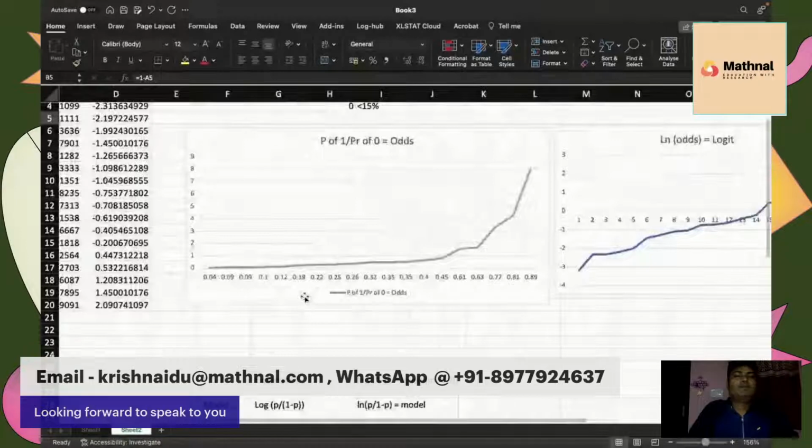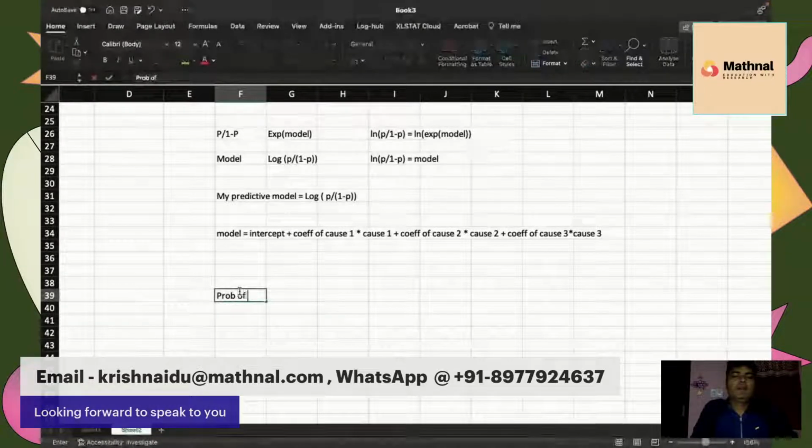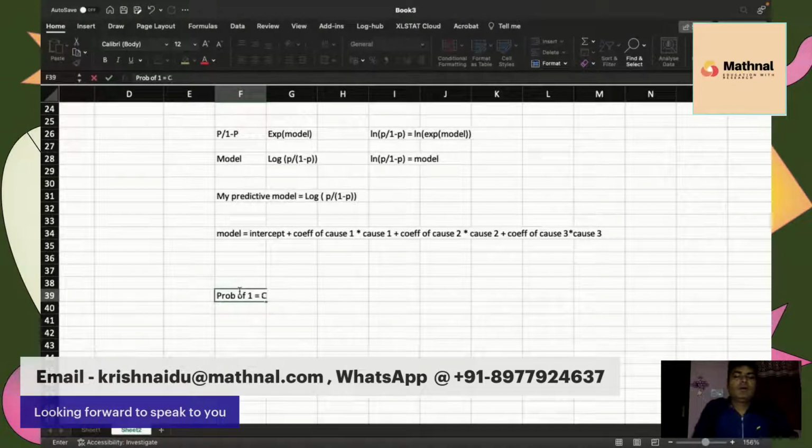So let's build a model now. First of all, I think I have not helped you to define what probability is. Probability of 1, for example, is the count of occurrence, how many times we had a cost savings of more than 15%.